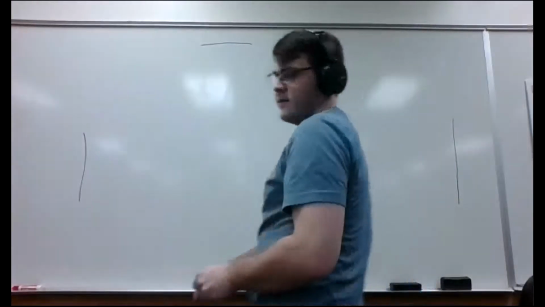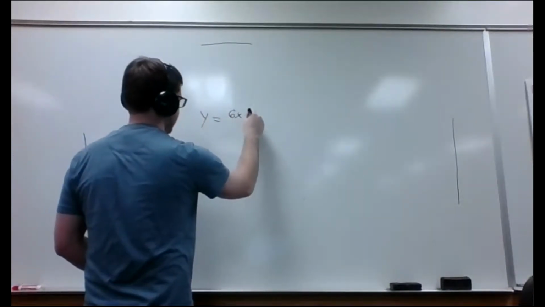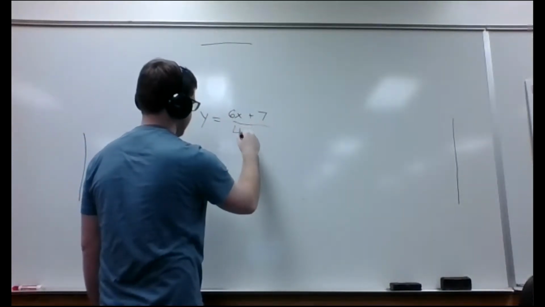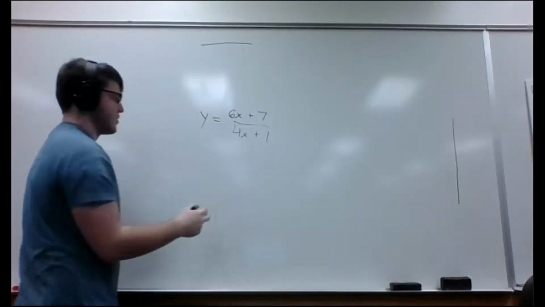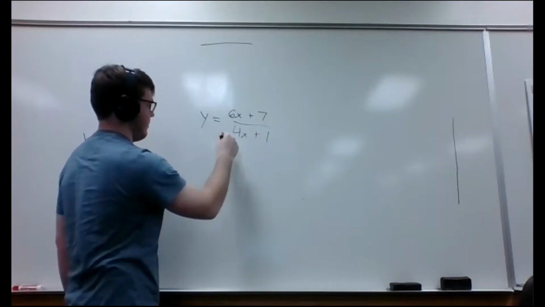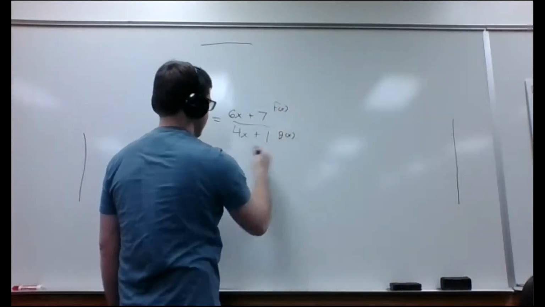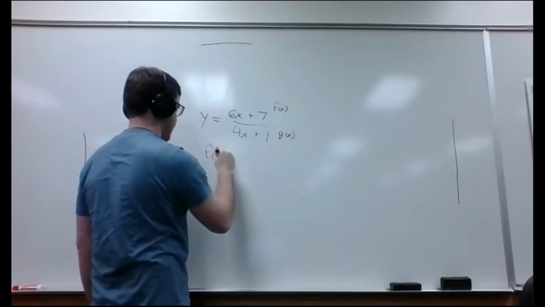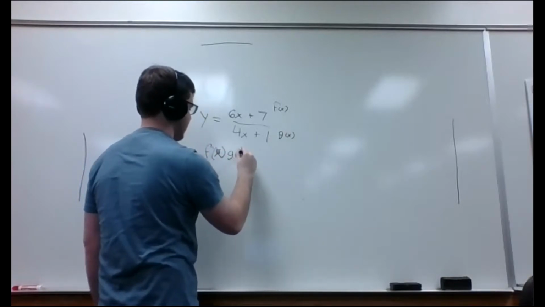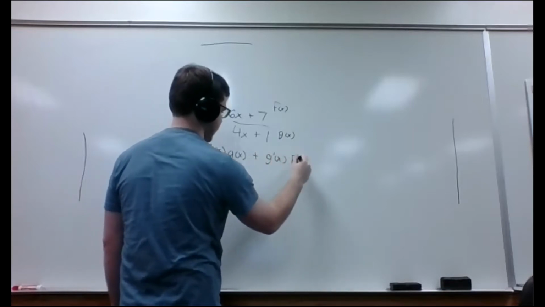So I guess the first derivative rule is the quotient rule. It's pretty simple, right? So if we have something like this, the quotient rule just says we take the derivative of the top, multiply it by the bottom, or if we label this f of x, g of x, it's f prime x g of x plus g prime x f of x.